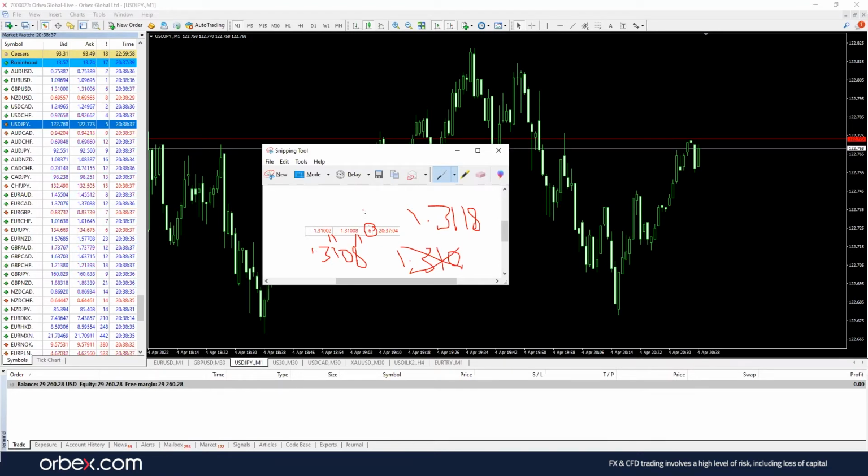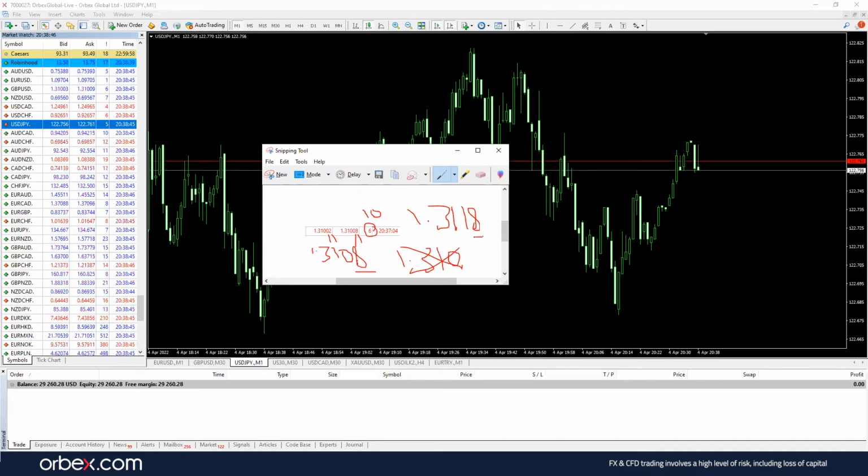So this will actually say 10. And what is 10? This is actually 1 pip, because we are on the 4th decimal. So these are pips. So it's just something to look out for. This is actually 6 points. And if it was more than 9 points, it will go on to 1 pip. So this would be 10 in that respect.